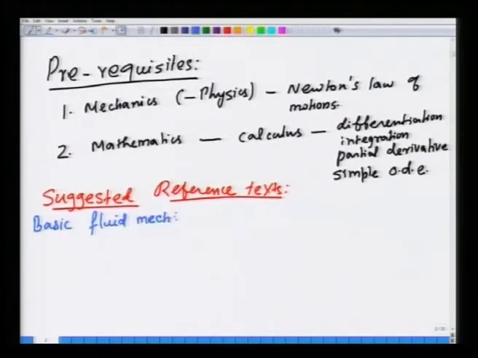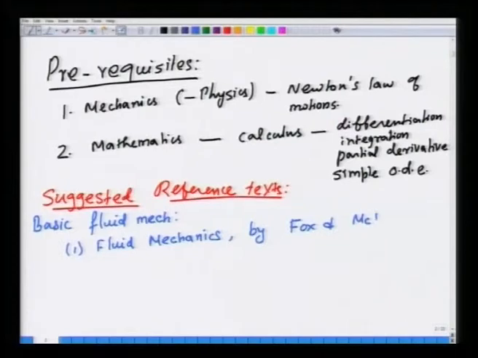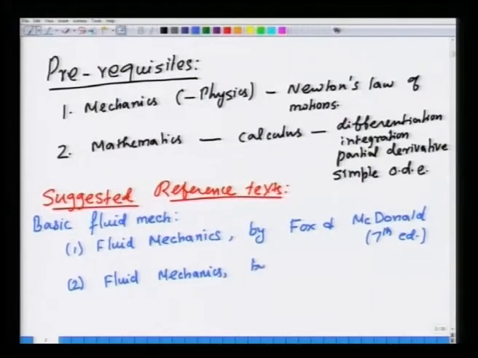The material that is covered in this course is roughly the same as what is being followed in the text Fluid Mechanics by Fox and MacDonald, and we have now the 7th edition of this text available, and also another text on fluid mechanics by White.